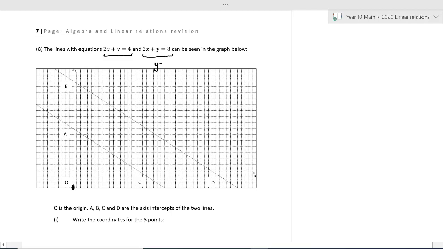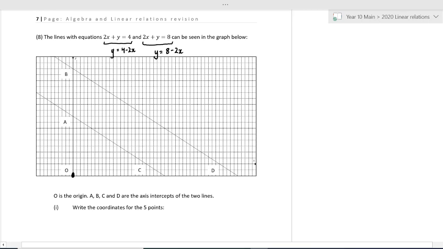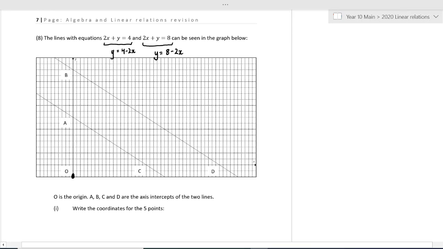So I would have 8 minus 2x, and over here I would have y is equal to 4 minus 2x. We've been told that O is the origin, and A, B, C, D are intercepts. Which one of these is going to have a y-intercept of 4? That would be this one here. Clearly these two have the same gradient. They look parallel, and that agrees with the fact that they have a gradient of -2.